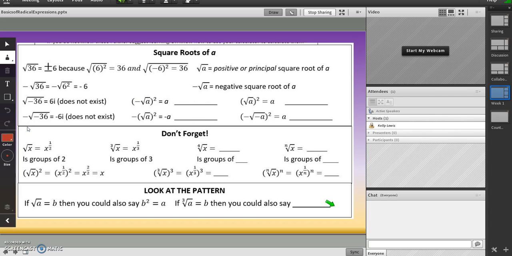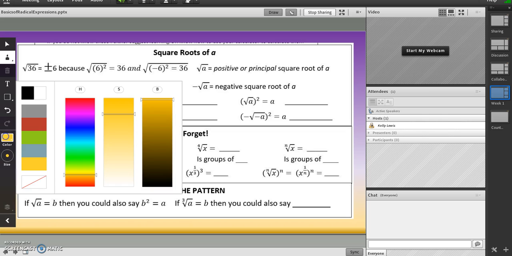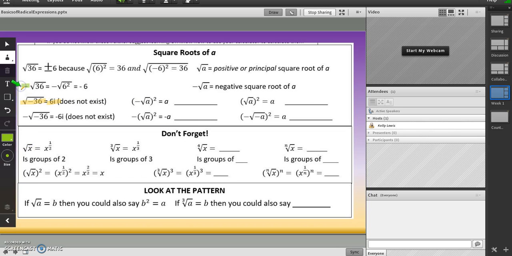All right, so square roots. Notice right here, we'll come back to this later, but you can't take the square root of a negative number. It's called an imaginary number. Complex numbers, we'll get back to that later. But if the negative sign is on the outside, then you just pull that negative out.